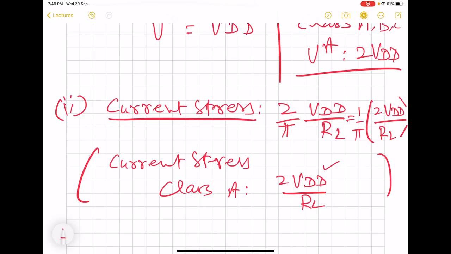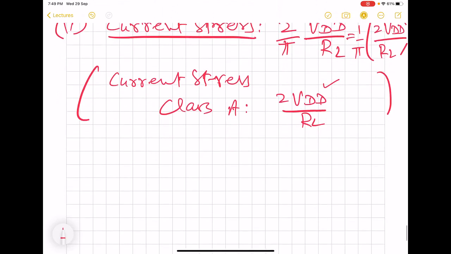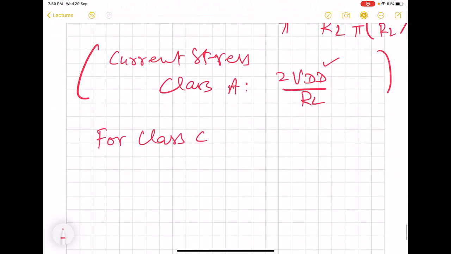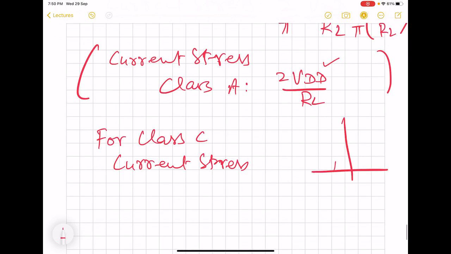And in fact, if you do the calculation for class C, then this turns out to be even more. Recall for class C, the current waveform is going to be like this, a part of a cosine function.